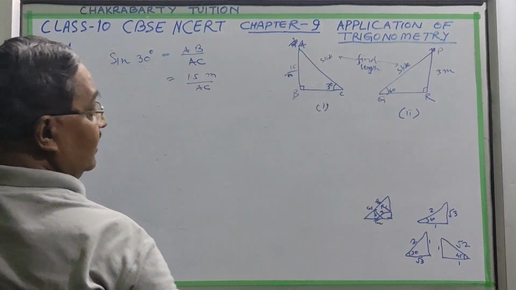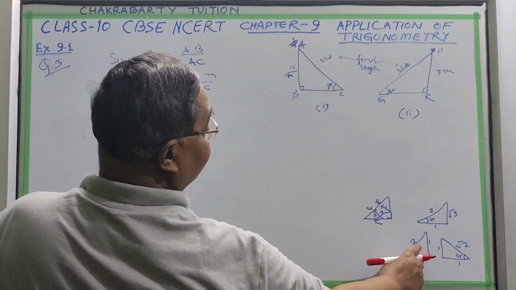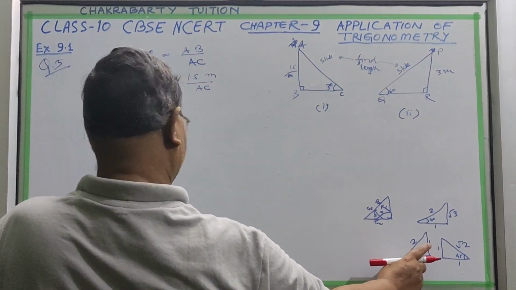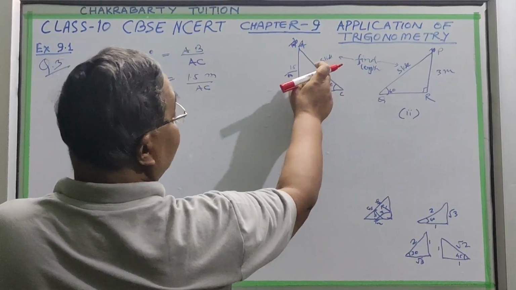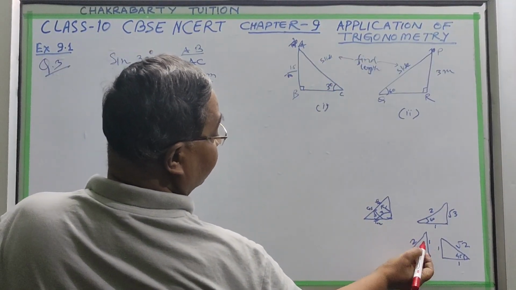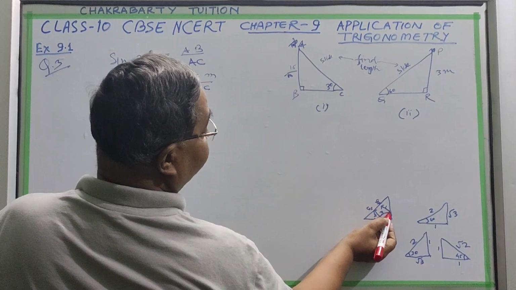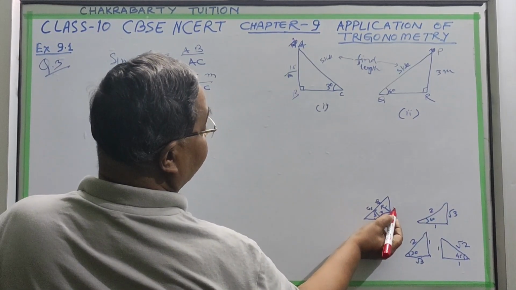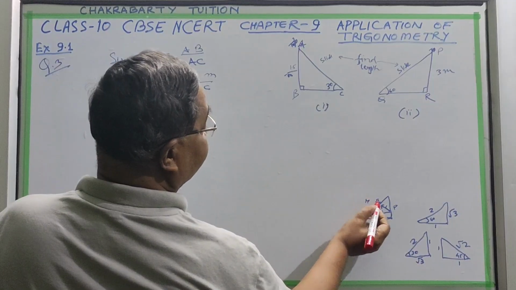For 30 degree, the relation is 1 upon 2. Sine is found by perpendicular to hypotenuse. This is perpendicular, this is your base and this is your hypotenuse.